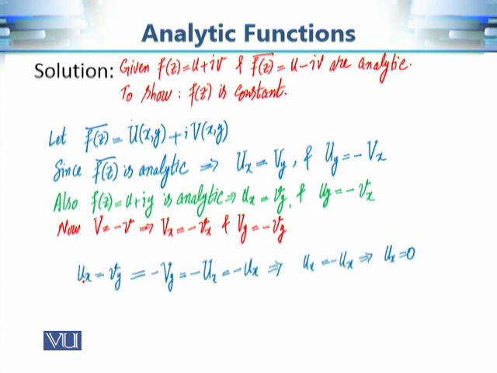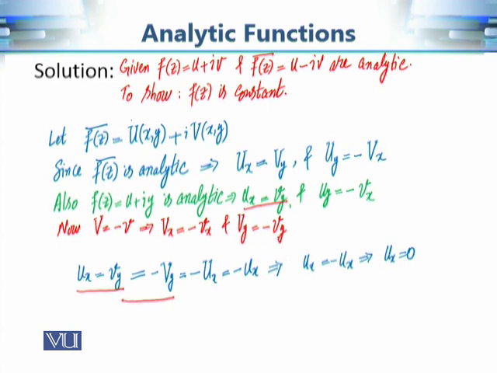So starting from small ux, the partial derivative of small u with respect to x must be equal to small vy. Okay, so we know this. Now we also know that this small vy is in fact equal to minus capital Vy. So that's why this must be equal to minus capital Vy.